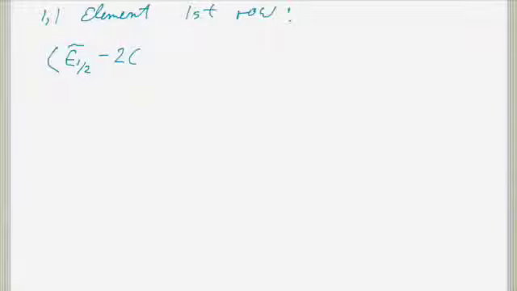And my corner block then becomes modified to, so the 1, 1 element, or the first row, becomes epsilon of a half minus 2 epsilon 1 times phi 1 plus epsilon 3 halves times phi 2. Okay, that's what the first row becomes, and that's the only change.